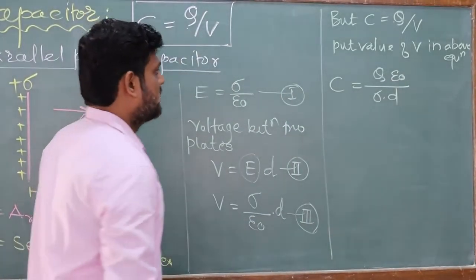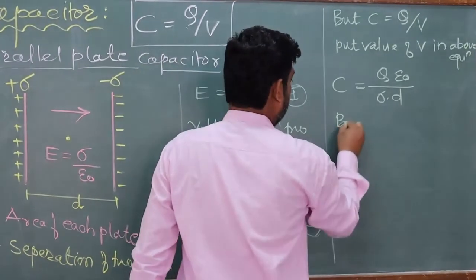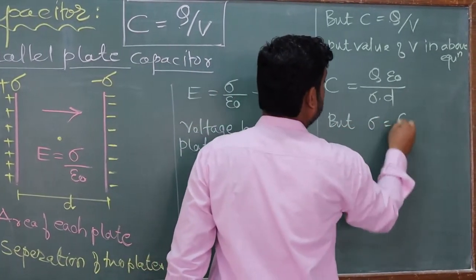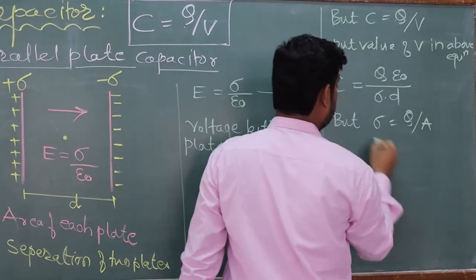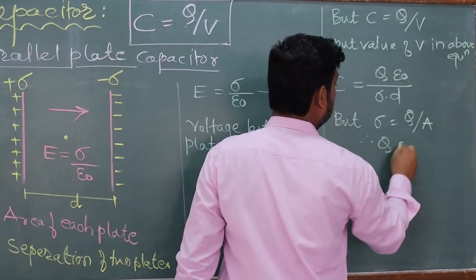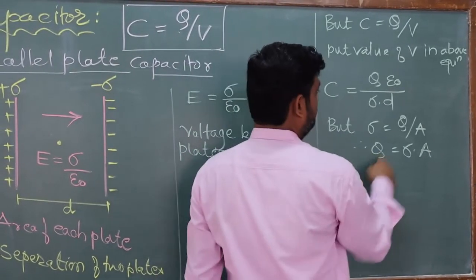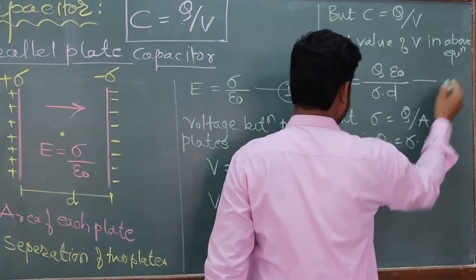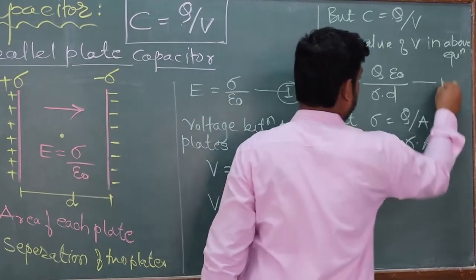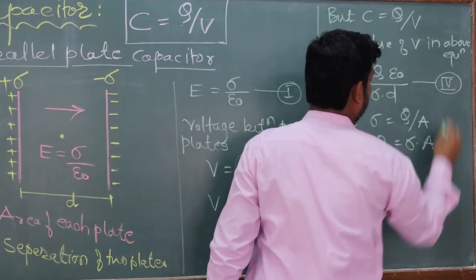But sigma equals charge per unit area, therefore Q equals sigma into A. So putting the value of Q in the above equation, we will write the fourth equation.